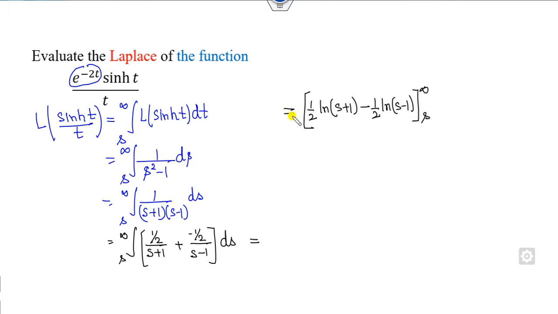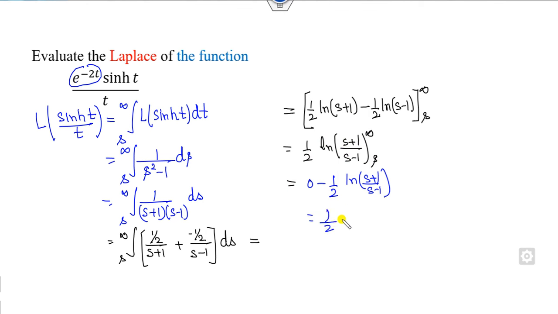So half is outside, it is ln of (s plus 1)/(s minus 1) from s to infinity. When you substitute, infinity gives ln 1, which is 0, and minus half ln of (s plus 1)/(s minus 1). So that means half ln of (s minus 1)/(s plus 1). So that is the Laplace of this quantity.